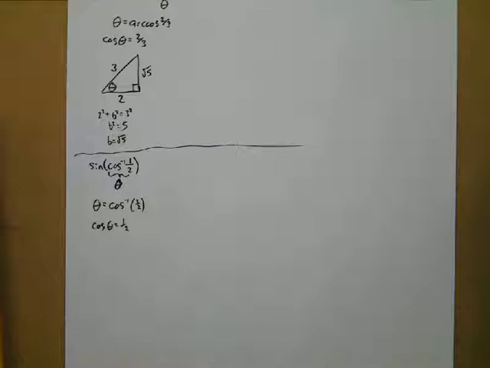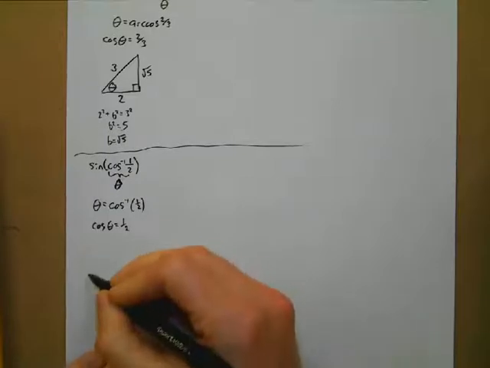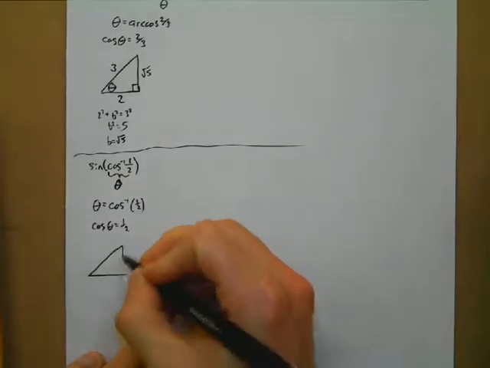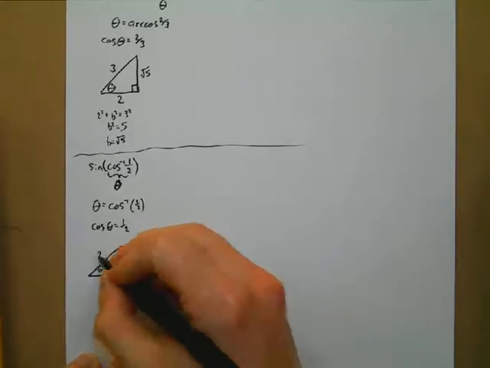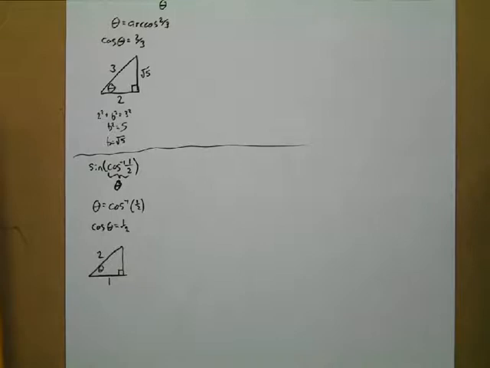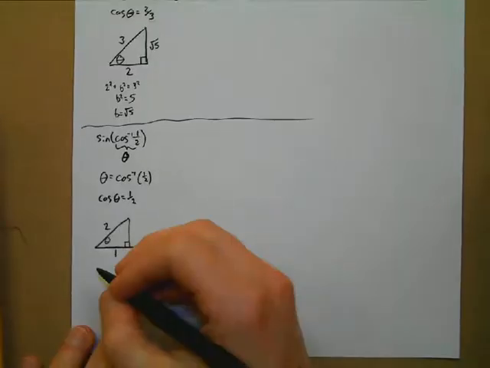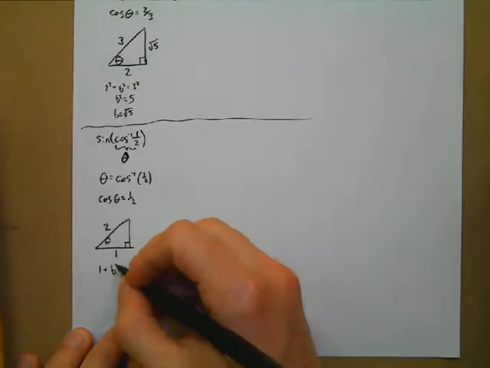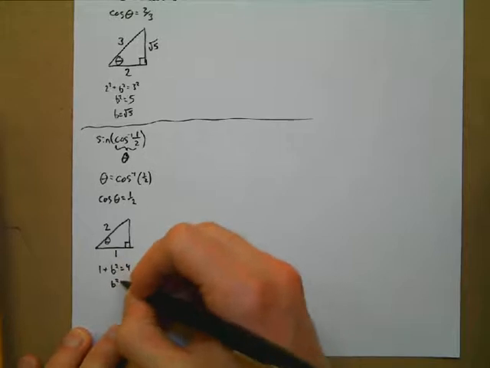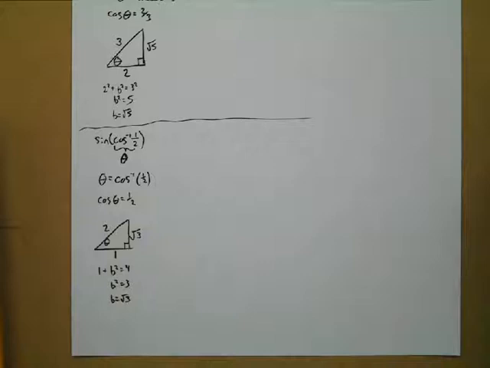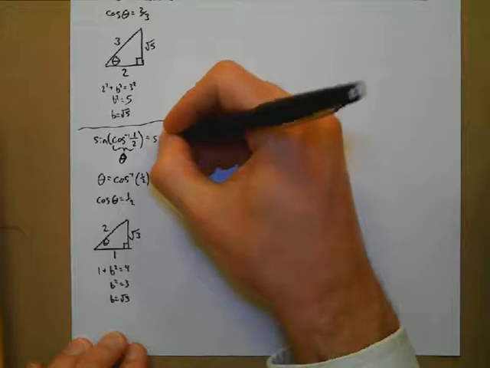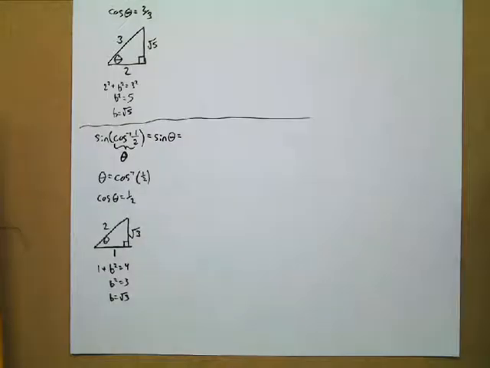Hey, it's a special right triangle. And so we have sine of theta, which will be opposite root 3 over hypotenuse 2. So there's the sine of the cosine inverse of 0.5, and it's the square root of 3 over 2.